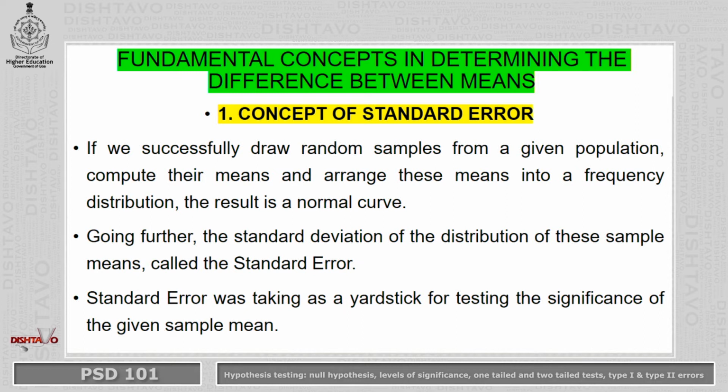Standard error was taken as a yardstick for testing the significance of the given sample mean. So standard error is synonymous with standard deviation, and often it is used as a yardstick for testing the significance of a given sample mean.